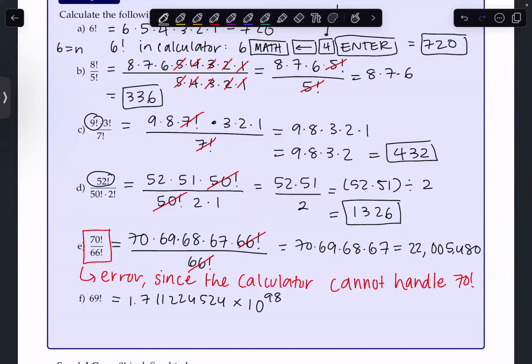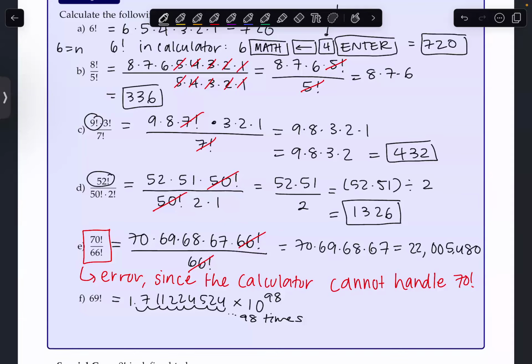This is a fancy way of saying move your decimal place over to the right, 1, 2, 3, 4, 5, 6, 7, 8, 9, and keep going 98 times. This is going to be a massive number, which is why the calculator has to write it in this form to be able to tell you what it is.